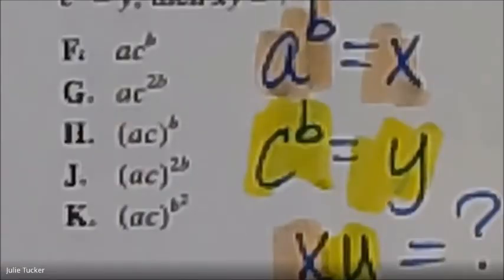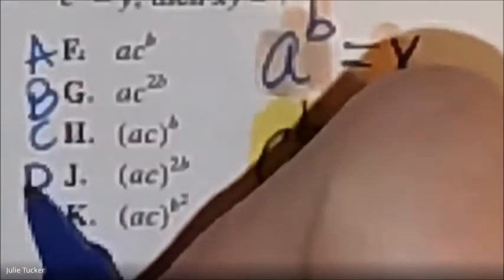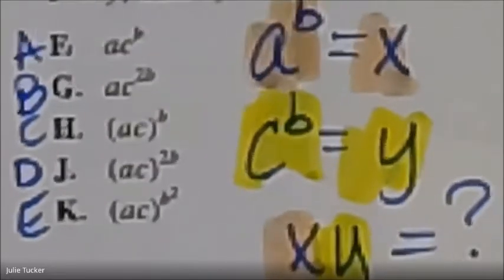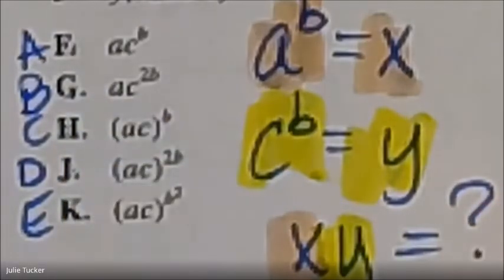Oh, you can't say F, G, H, J, K. Okay, so A, B, C, D, E. Which one? Or can you just say the first one, the second one, the third one, the fourth one, the fifth, you know?